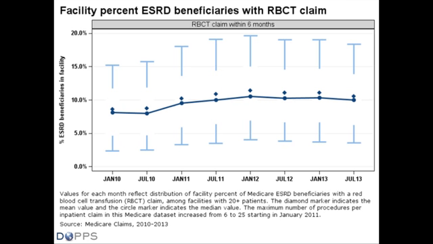The median was very similar, increasing from 8.1% of patients in the median facility to 10% of patients in July 2013. The variation ranges, the 10th and 90th percentile, from 3.6% to 18.4% in July 2013. And that's about a 5-fold variation.